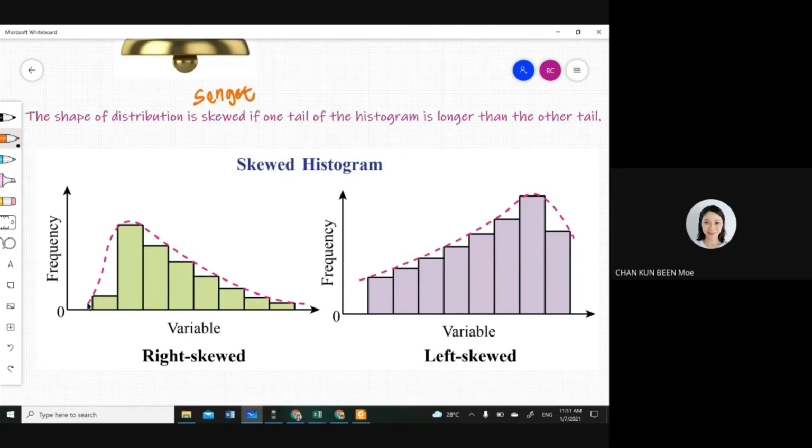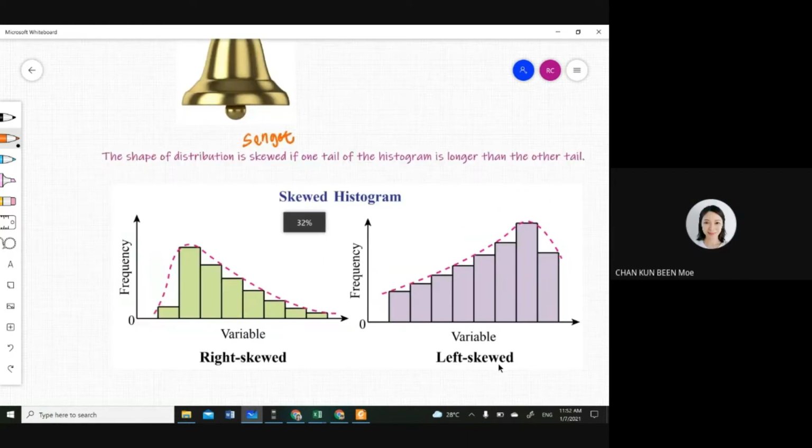So if we have this part on the right is skewed, sengit to the right over here, so we called it right skewed. These are the skewed histogram. And then this part sengit to the left, so we called it left skewed histogram. Are you okay? Yes. Okay.